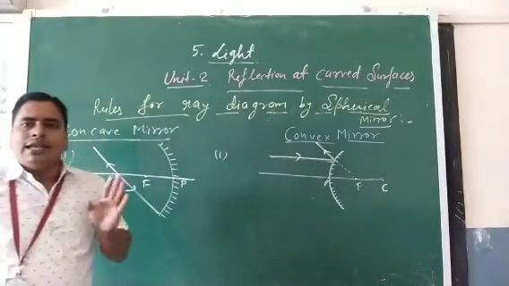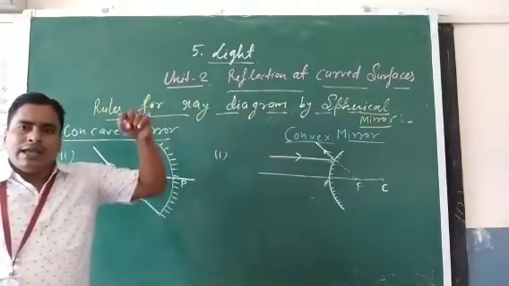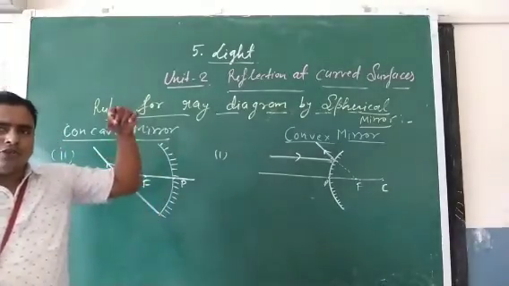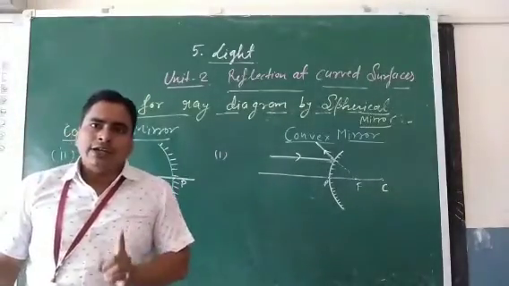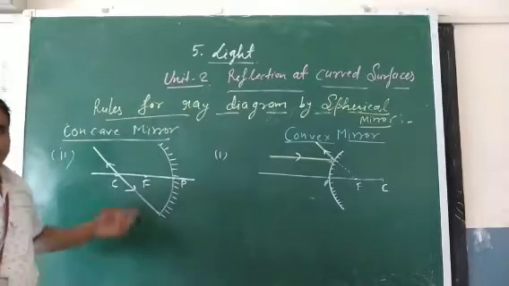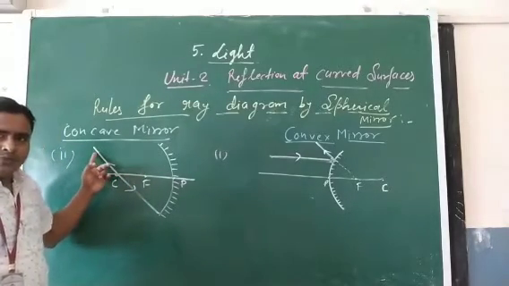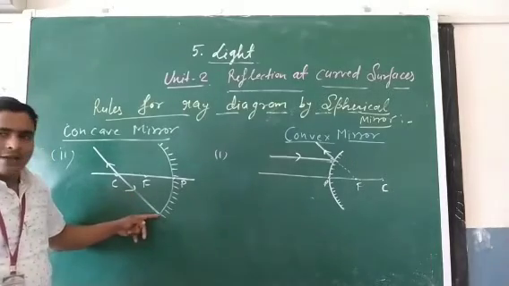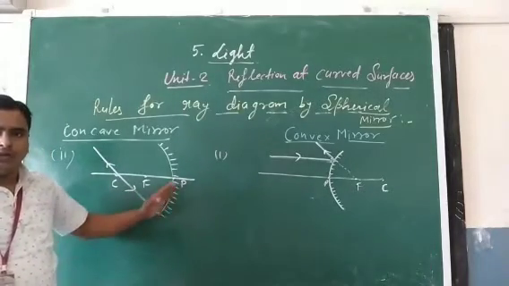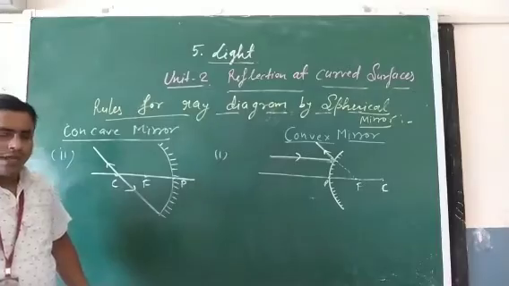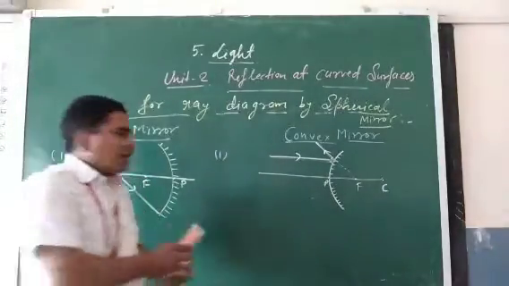Like in a plane mirror, when a ray of light passes along the normal, after reflection it will return along the same path. Same here, because a ray which passes through the center of curvature acts like a normal for this mirror.